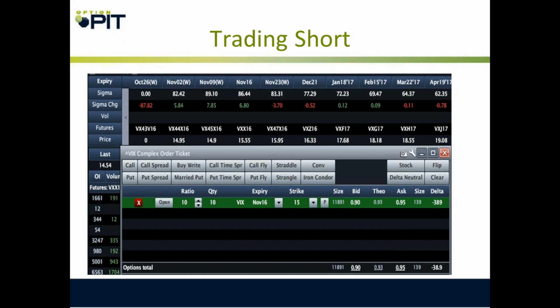All right, and it's a nice trade. It works. So, for instance, by the end of the day, my 15 put was still 90 cents. The future moved around a little bit. The November future ended up 15.61 as opposed to 15.55.